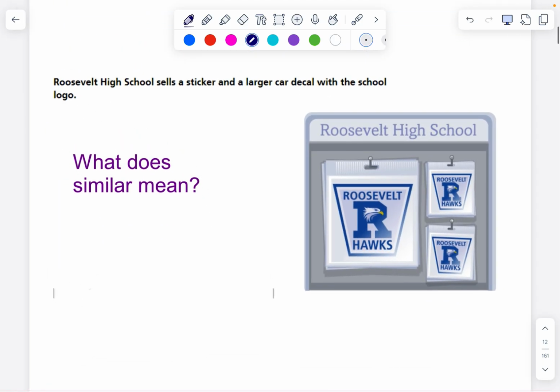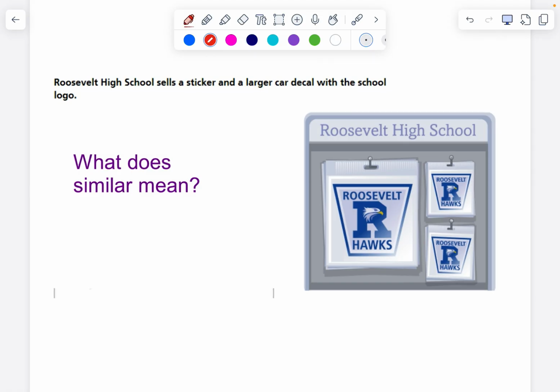So diving into similar now in a geometry context. It says Roosevelt High School sells a sticker and a larger car decal with the school logo. What does similar mean? I will tell you that the smaller and the larger stickers are similar. So if this is a geometry shape, what do you think similar means in that?